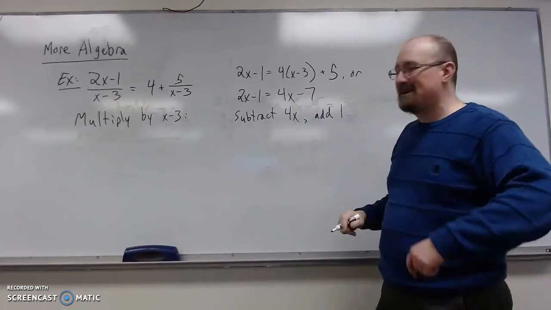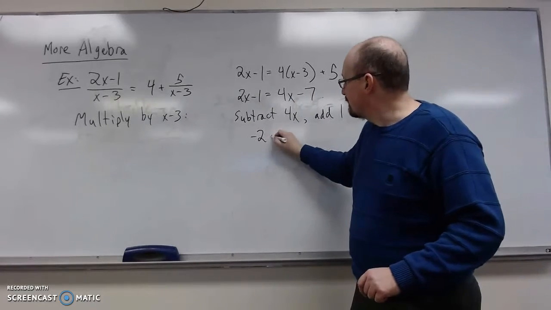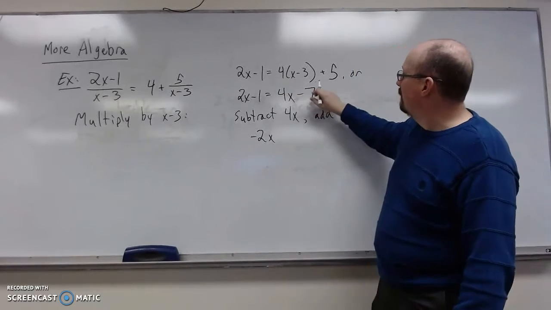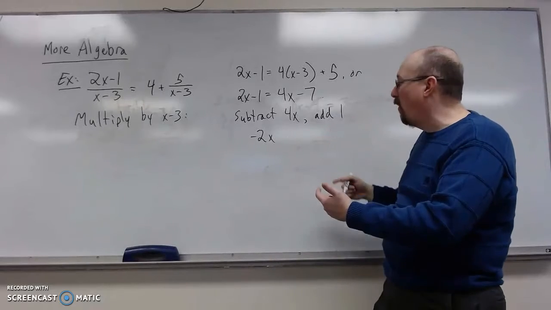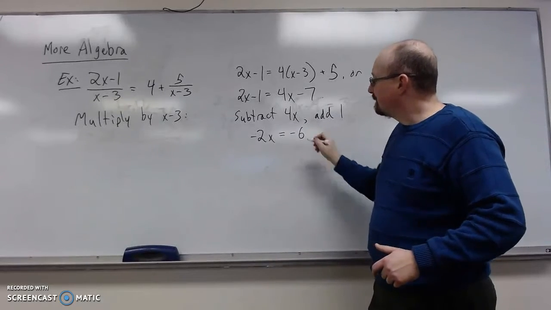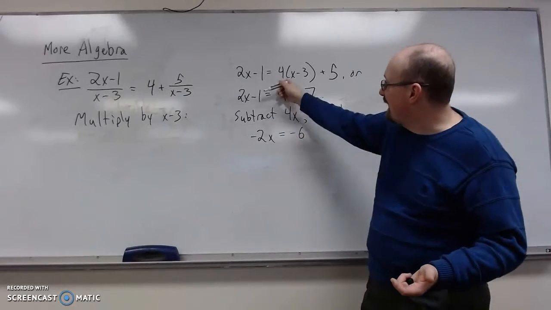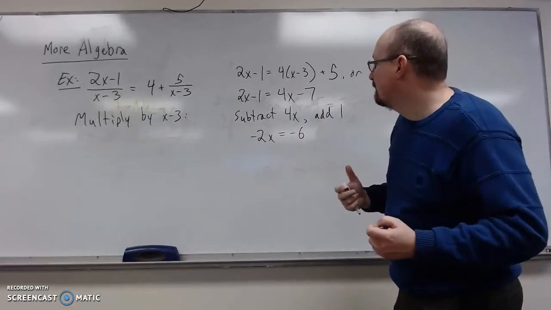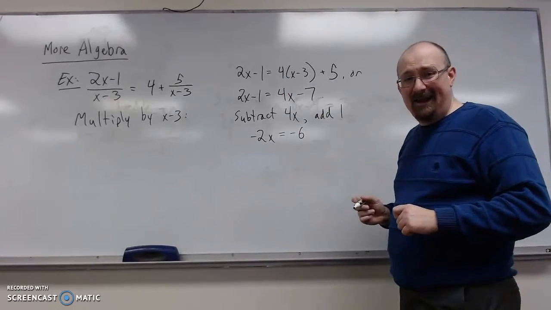And I have 2x minus 4x, which gives me negative 2x on the left. Over here, negative 7 plus 1 gives me negative 6 on the right-hand side, and negative 1 plus 1 vanishes in a puff of logic. So that's all we've got left.